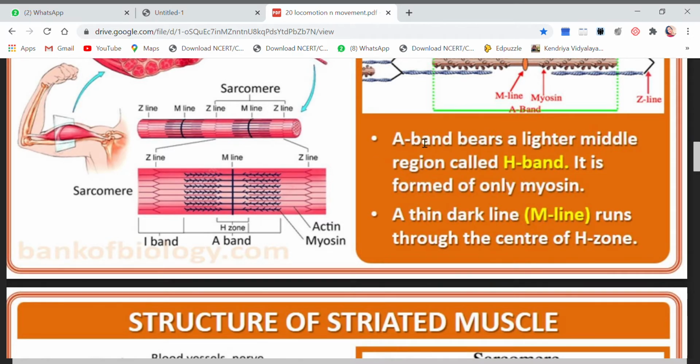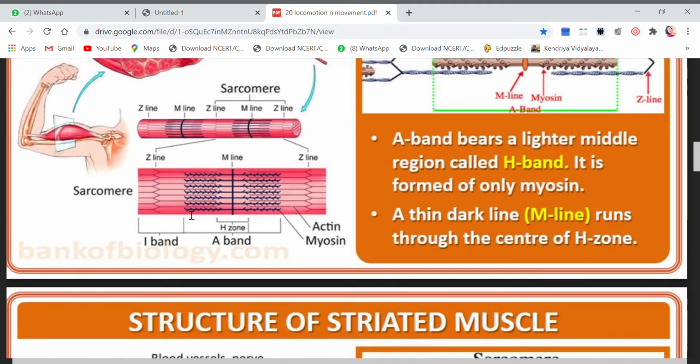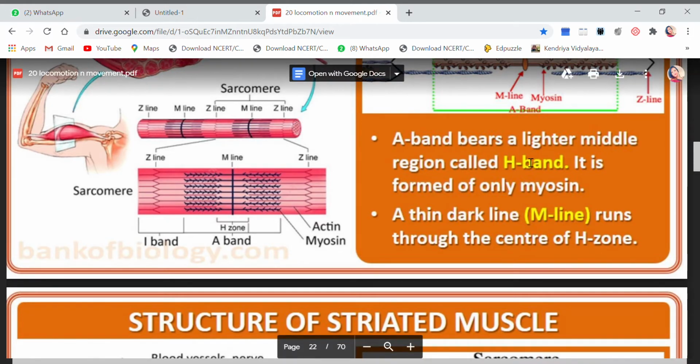Now you see, children, A band bears a lighter middle region. Where is my A band? This is my A band, from this portion to this portion. And you see, in between the A band, the center portion is a bit lighter. So there is a lighter middle region called H zone or H band.